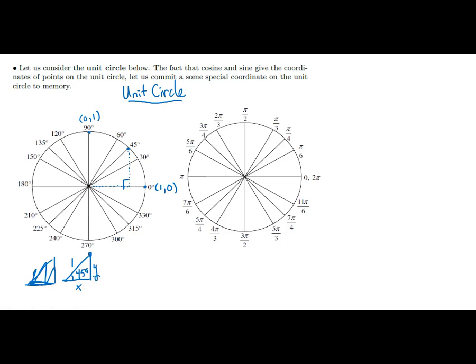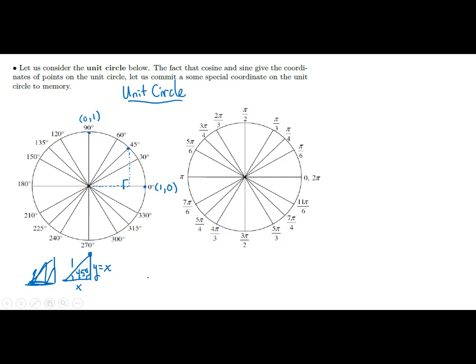But let's also look at this. If it's 45 degrees, then the x and y value really should be exactly the same. So I could say this y is really just my x. Whatever I get for the x, that's the same value I'll get for the y. And then let's remember a fact about right triangles.